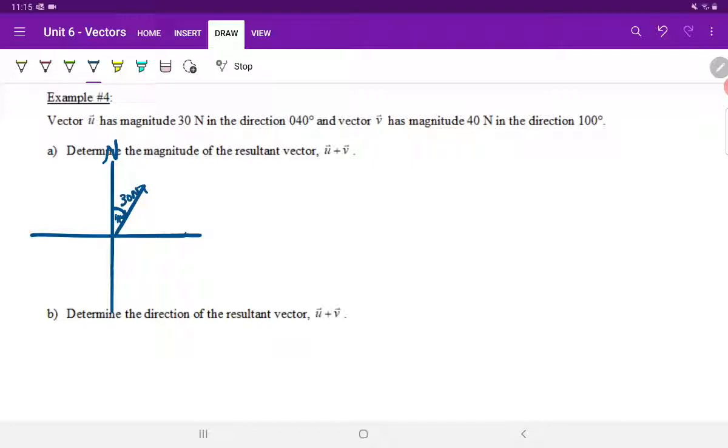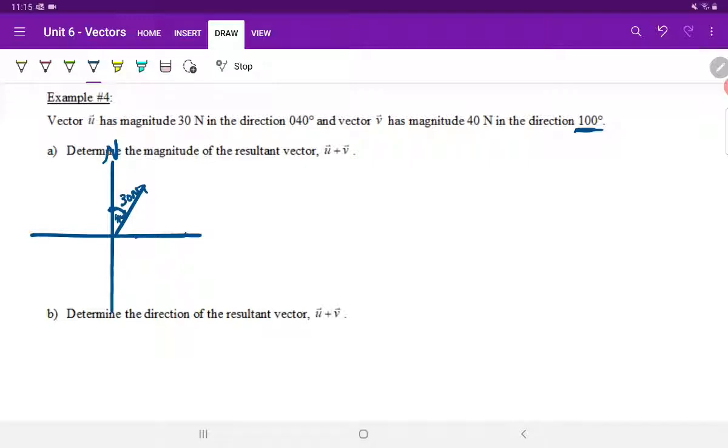And vector v has a magnitude 40 newtons in the direction 100 degrees. Okay, so 100, starting from the north, this is again a bearing angle. Starting from the north, we're going 100. So we're at 0 here, 90 here.